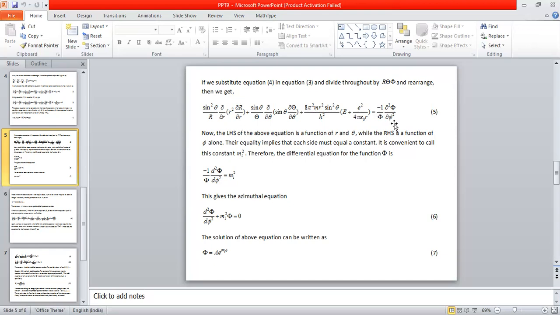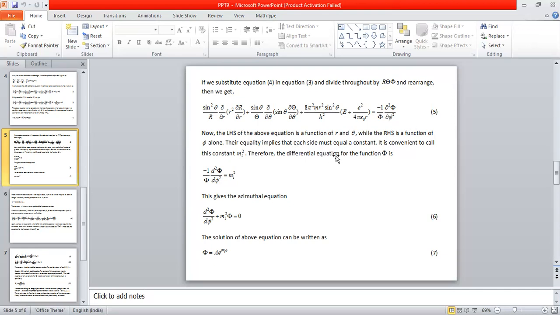But on the right side, we have capital Phi, and we know that capital Phi is a function of only the angular coordinate small phi. So the left side has terms consisting of r and theta, and the right side has a function of only the coordinate phi.